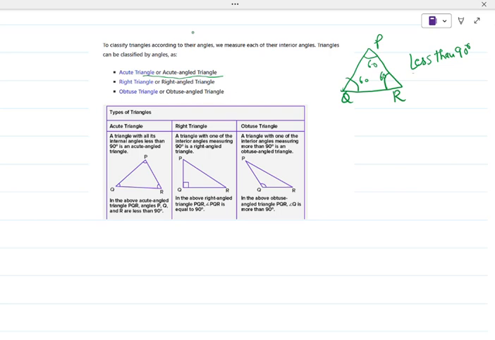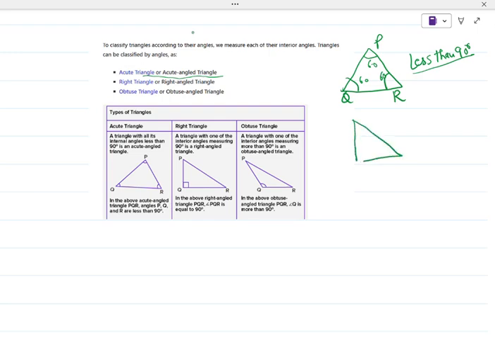No, but they are less than 90 degrees. A triangle in which all internal angles are less than 90 degrees is called an acute angle triangle. Angle P, angle Q and angle R all are less than 90 degrees.